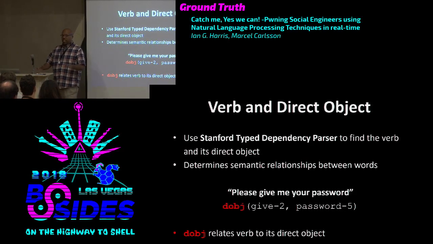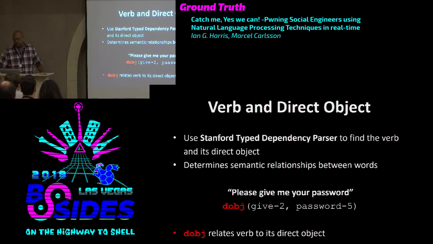So I know give is a verb, password is a direct object. And this is given to us. Stanford Type Dependency Parser already provides that. I didn't even write that. There's another way to find a direct object too: there are two tags, DOBJ and another one, NSUBJPASS, for passive sentences. But either way, it gives you the verb direct object. So that's how we find the verb and direct object of the sentence that we take in.